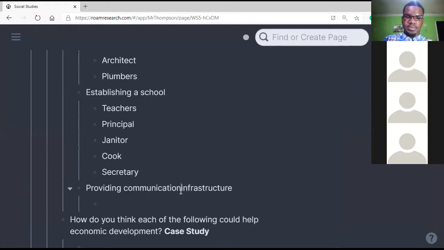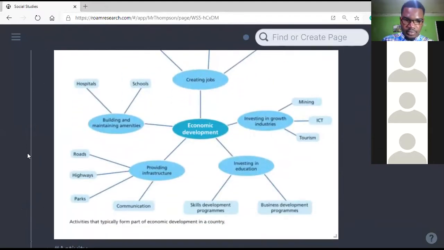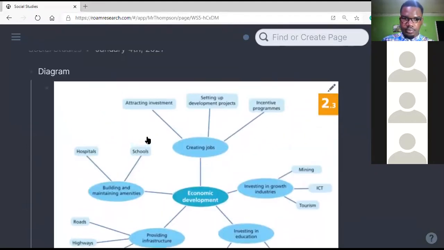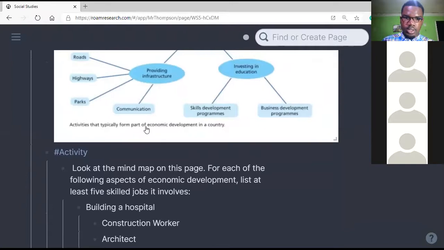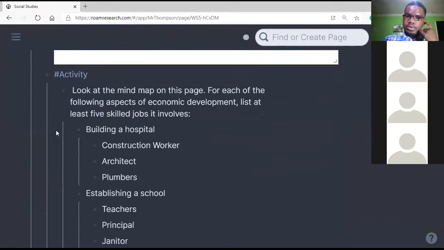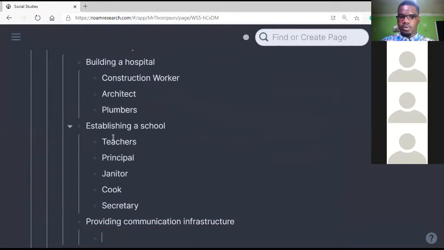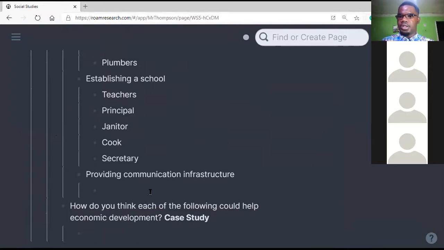Let me give you some examples of this. Think about radio analysts, people who communicate important information to the population.